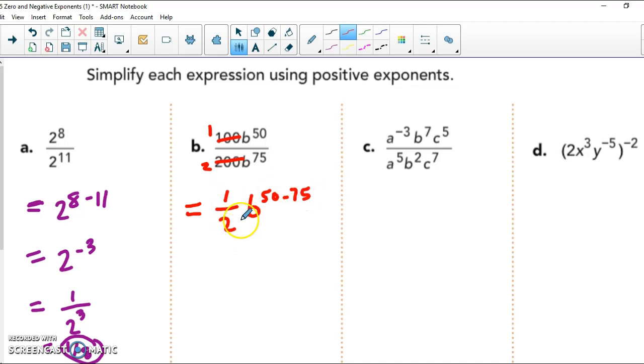So I have 1/2 times b to the 50th minus 75th. That would simplify to 1/2 b to the -25th. And my negative exponent will simplify by moving the b, my base, and its exponent to the denominator. So this becomes 1 over 2b to the 25th power.